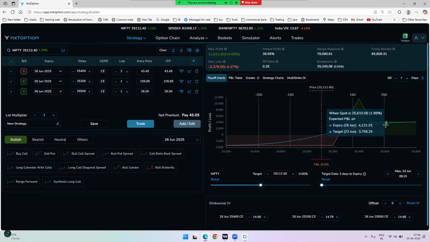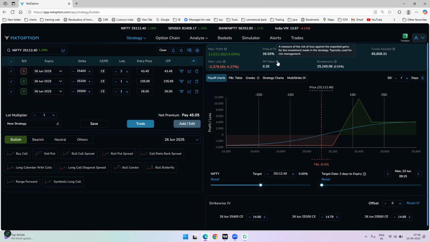Now, you can see the risk reward ratio. This basically tells you the measure of risk of loss against expected gains of an investment made, typically used for risk management. That would be around 0.29.